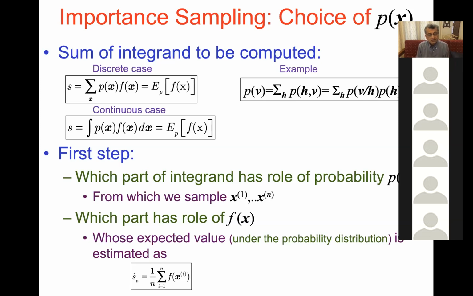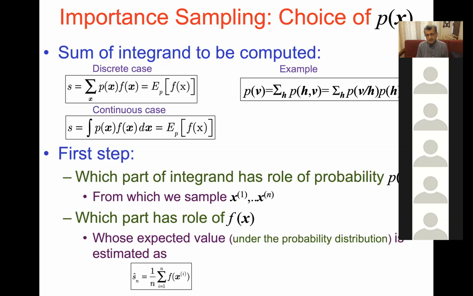So it knows the distribution for any combination of H and V. You have to sum over all the values of H, calculate for each of them what is P of H comma V, and add them all up. The other alternative is to multiply out P of V given H times P of H. That might be the easier way. For an RBM, those are the things that are known, P of V given H. There are some simple expressions for that.